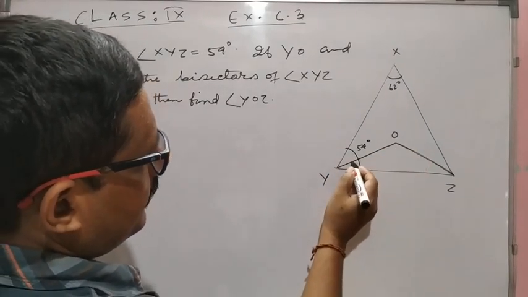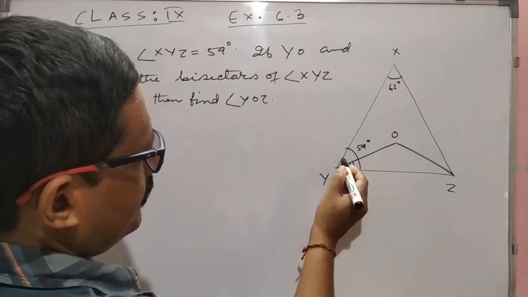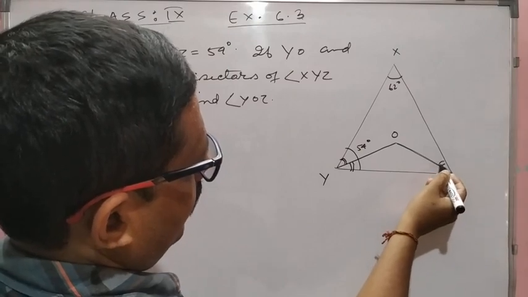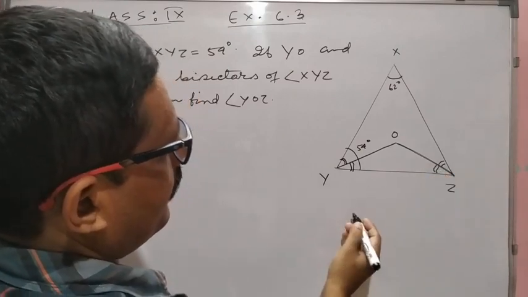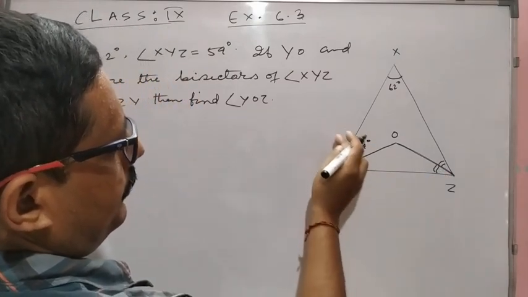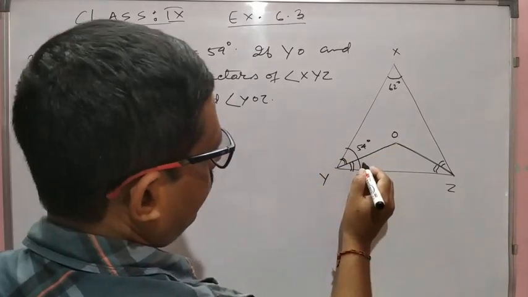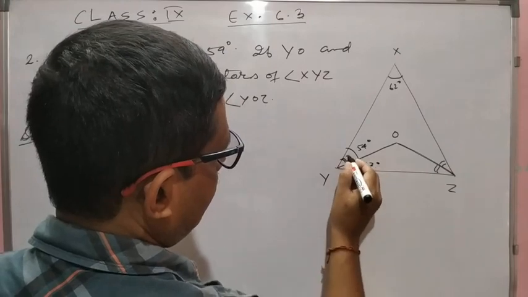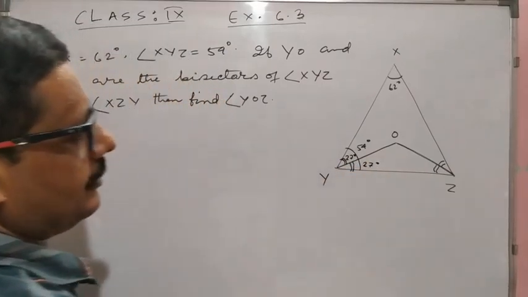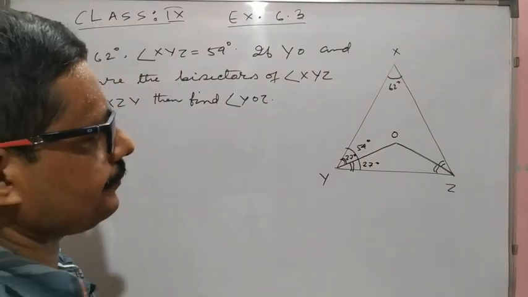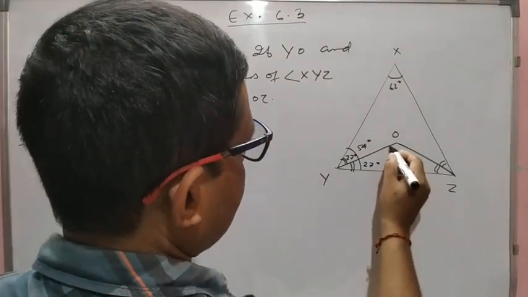Bisector means these two parts are equal. And this is the bisector too, so these two parts are also equal. This total angle is 54 degrees. As it is a bisector, it will be 27 degrees and this also will be 27 degrees. Bisector means equally two parts. So we have to find the measure of this angle.